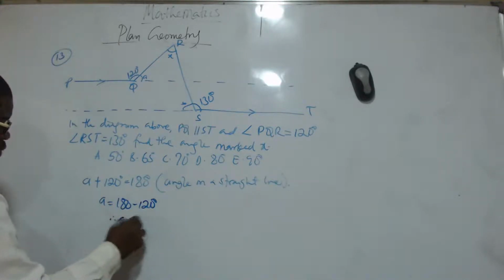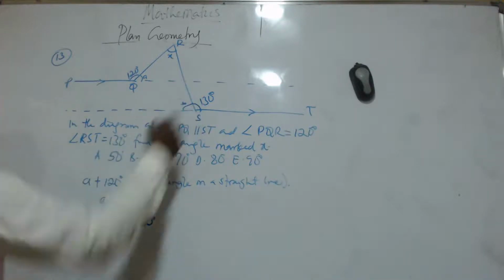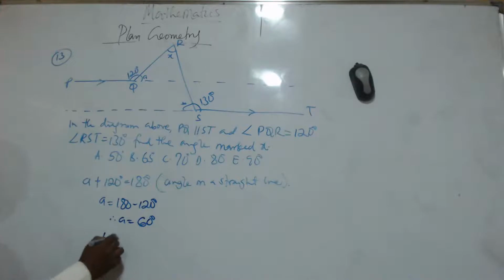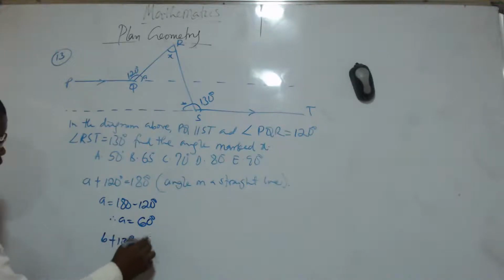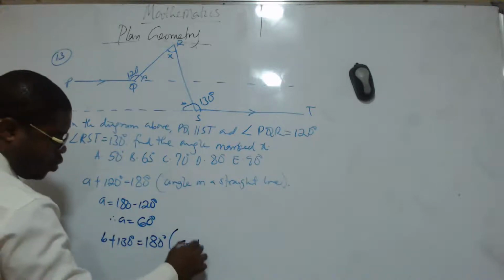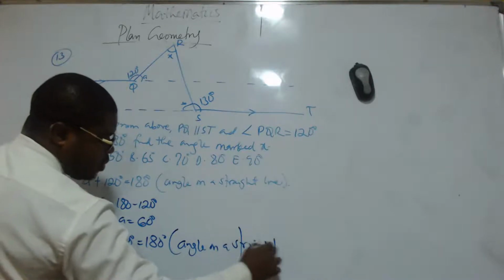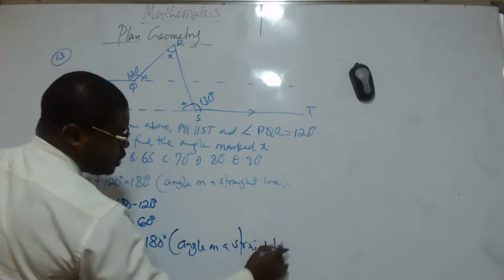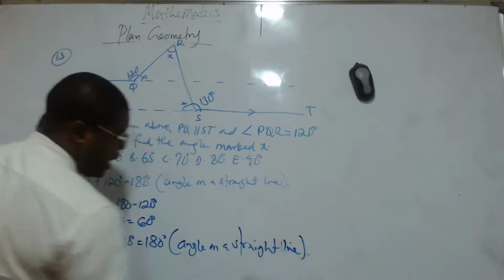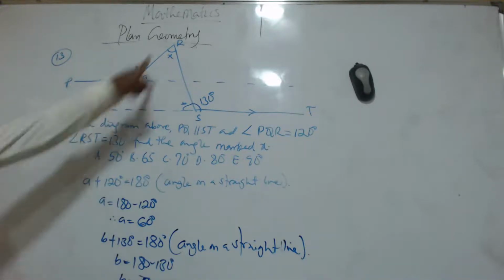Therefore, our A is 60 degree. Now, coming to this side, we have B plus 130 degree equals 180 degree, right? Why? Angle on a straight line will give us that, so B is 50 degree.